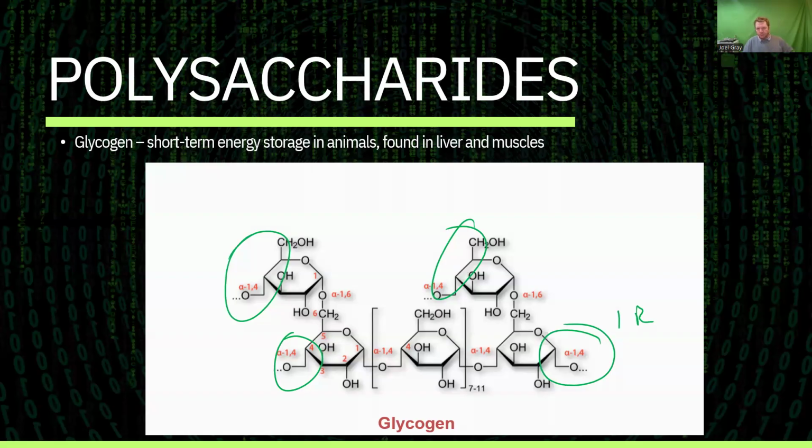That is a reducing end because I'm just going to draw in that OH right there. So that end is open. Can everyone see that? Specifically the person who asked. Okay, good.